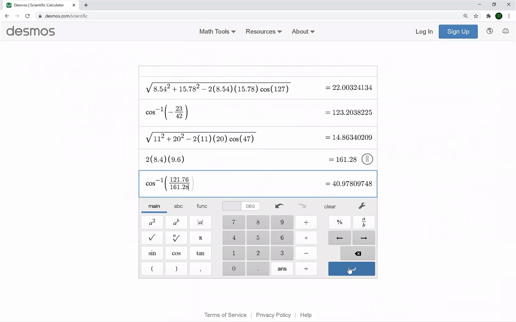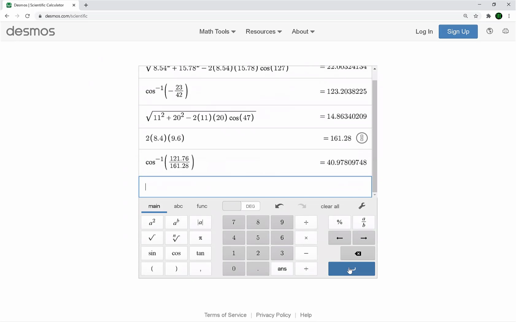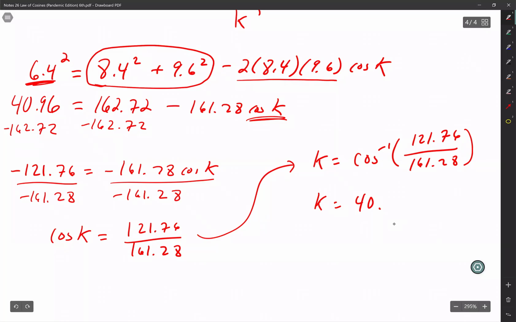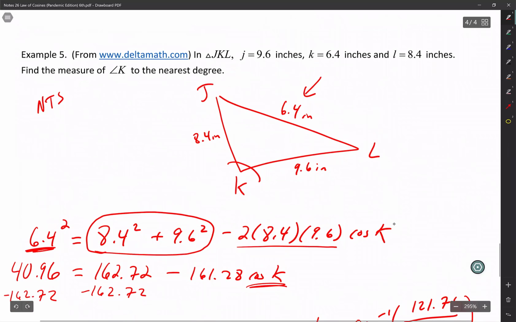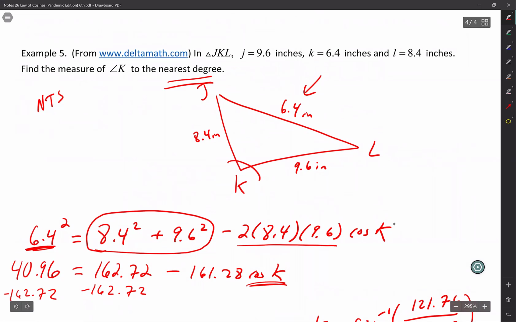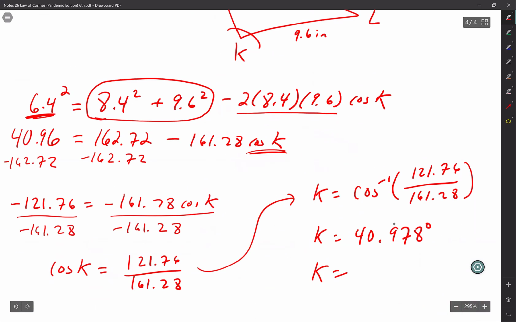I think I got those correct. Let me know if I didn't, because my short-term memory is bad if I don't sleep enough. 40.978 degrees, and I think they said to the nearest degree. They did. So K is 41 degrees.